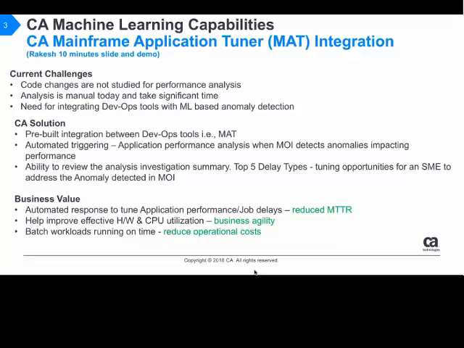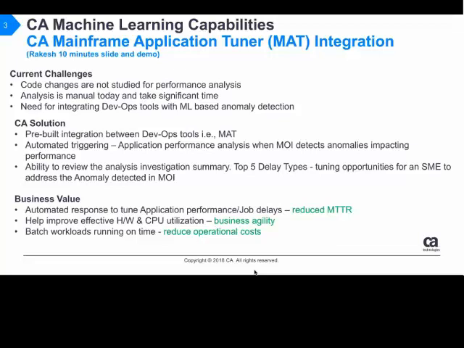So traditionally, on a regular basis, the code changes done are not studied for performance analysis, and we end up with performance issues. Most of the time, the analysis is a manual process, and it takes a significant amount of time to debug and fix the issues.